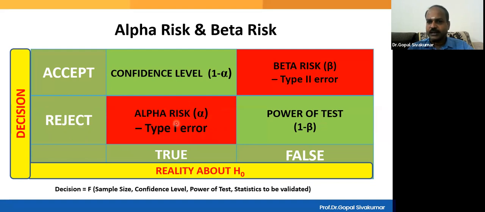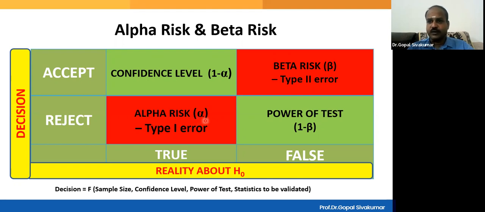Generally the permissible amount of type 1 error is fixed in any sample study, in any hypothesis testing. Let's say I am fixing it as 5%. That means I am okay to tolerate a sampling error of 5%, which is known as level of significance.